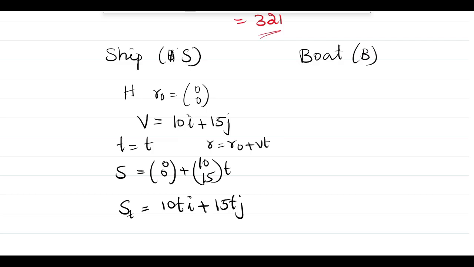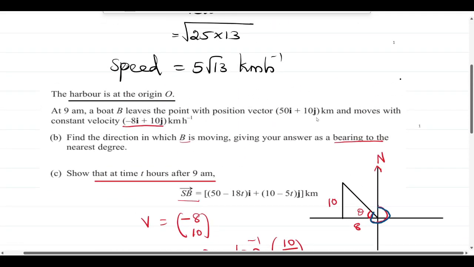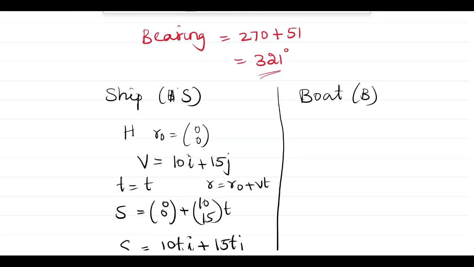At the same time we can find the boat at any time t. The initial position vector of the boat, r naught, is given in the question as 50 and 10. The velocity of the boat is given as minus 8 and 10.